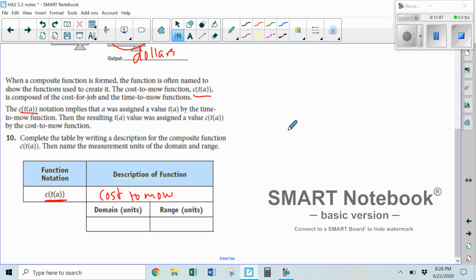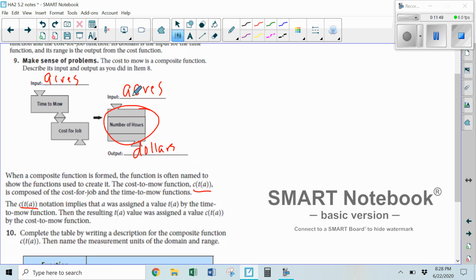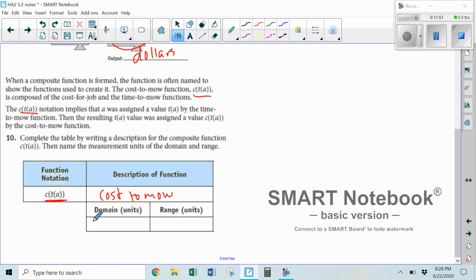The input, remember, is up here, acres. And you can always tell the initial input, it's the farthest right. That's my input, or my domain. And then the output is farthest on the left, which is the cost in dollars.